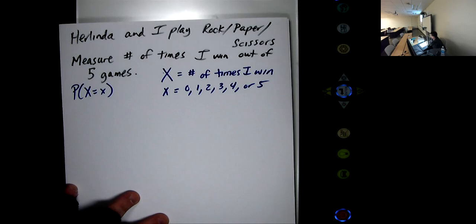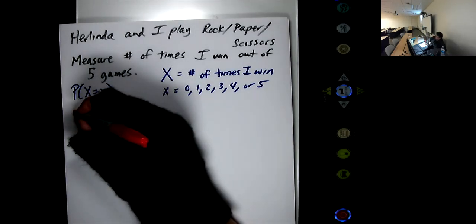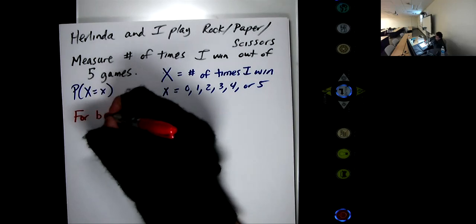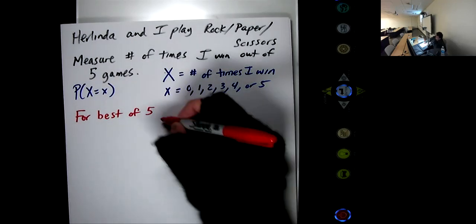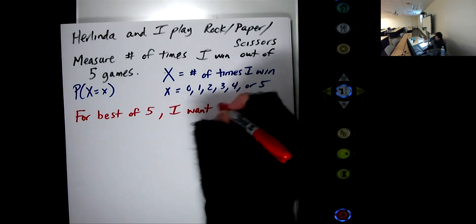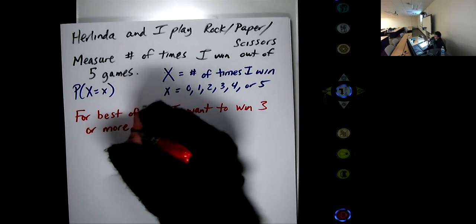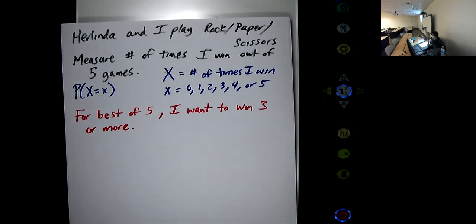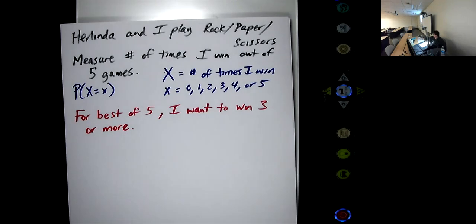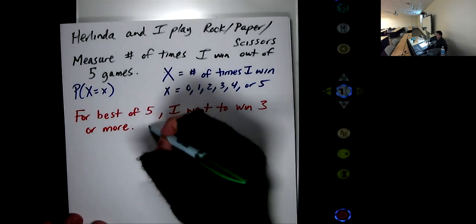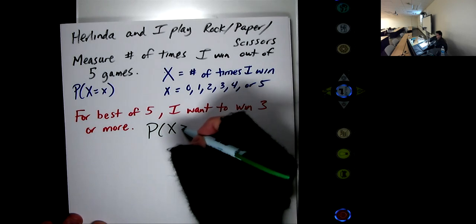So like if we were doing best of 5, I want to win 3 or more, right? I would write this as the probability that the big X is greater than or equal to 3.